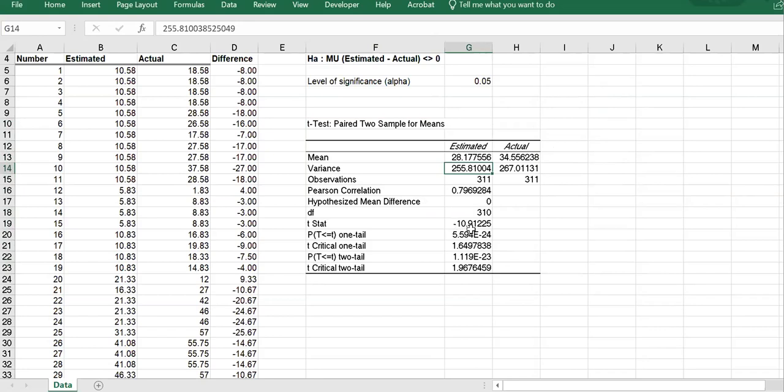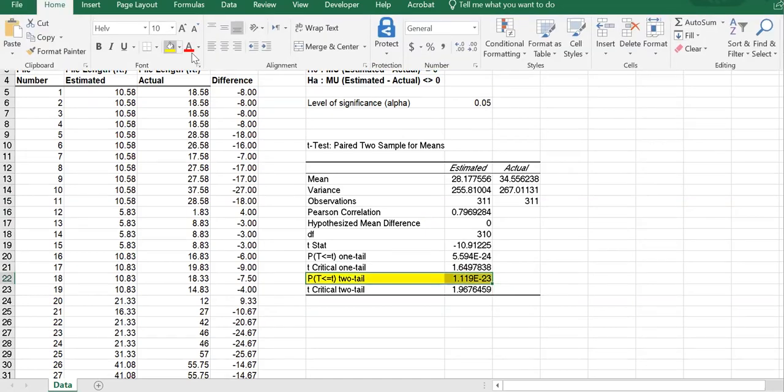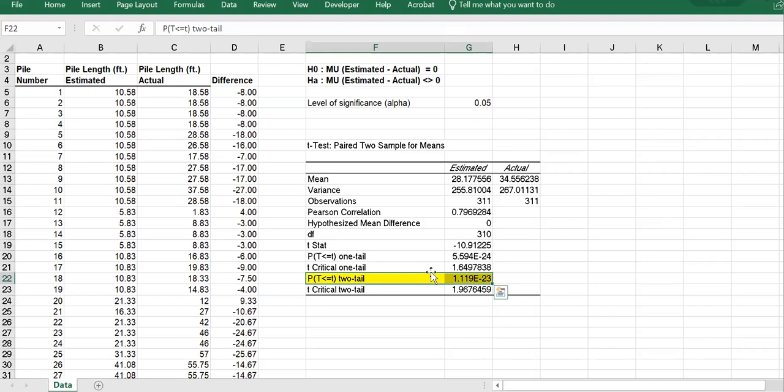Okay, again, this is a two-tailed type of test, so the only thing that we need at the end would be the p-value two-tailed.